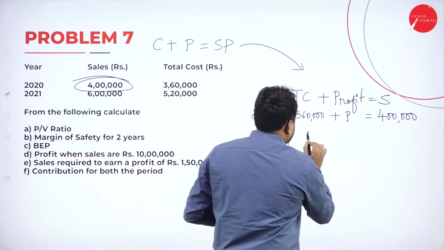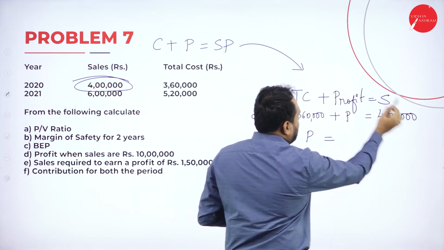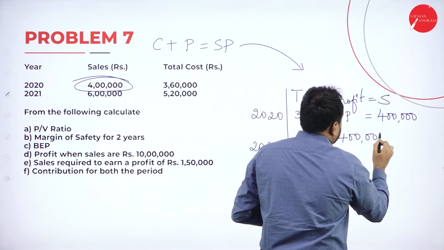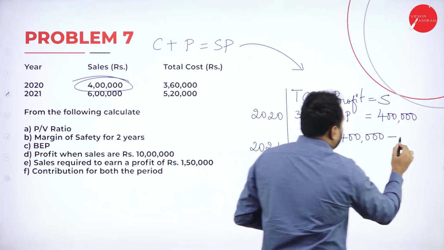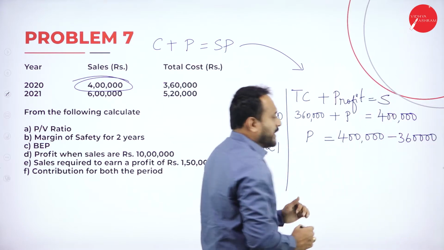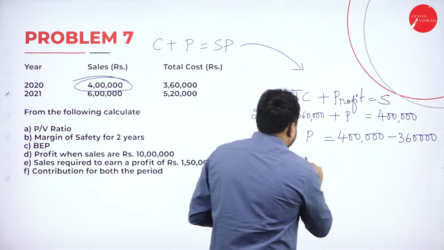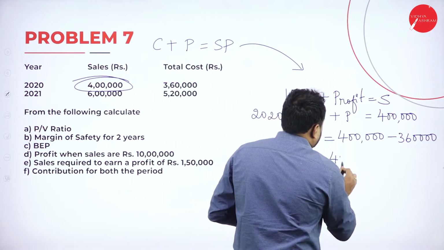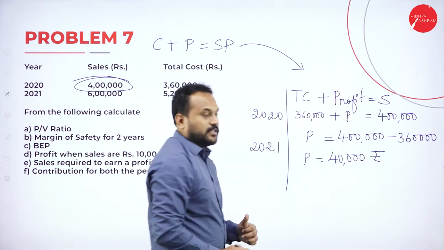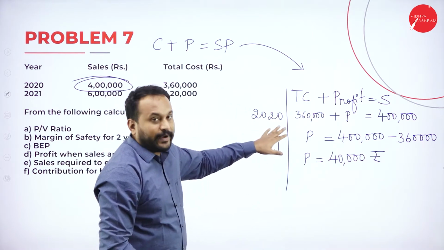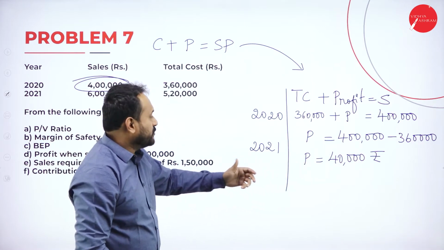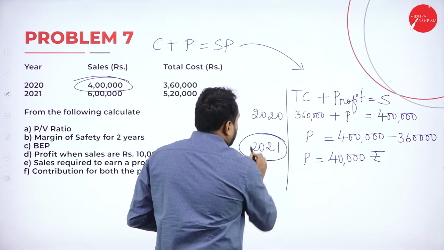Now P is equal to 4 lakh minus 3,60,000. Now I got my profit. My profit is equal to 40,000 rupees. So for 2020, my profit is 40,000.